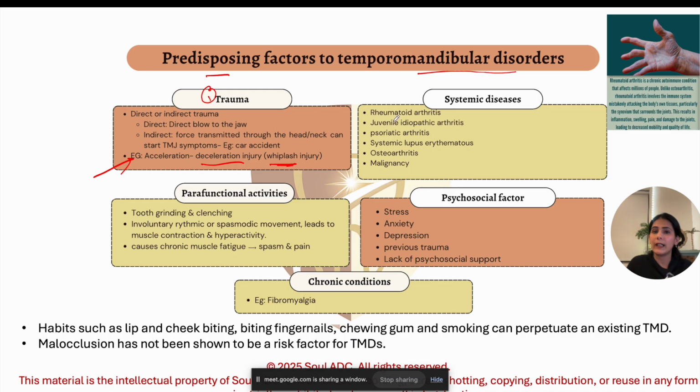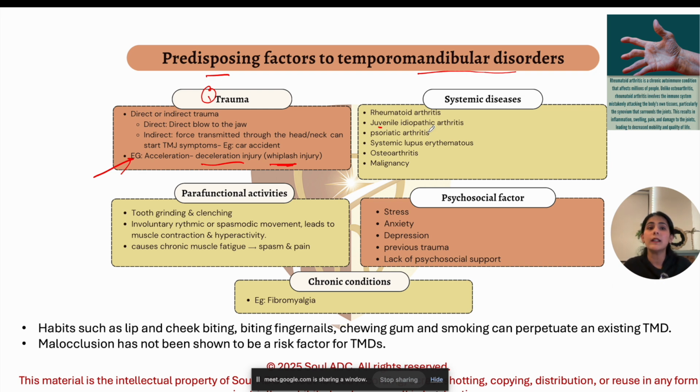Juvenile idiopathic arthritis: juvenile basically means in children, and idiopathic means we don't know why it is arising. Psoriatic arthritis is another condition where the patient's immunity is playing up and causing this problem. The patient will also have psoriasis on the skin.